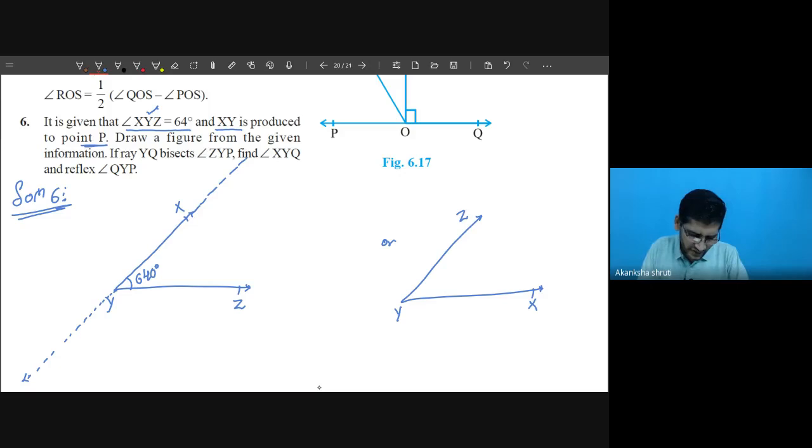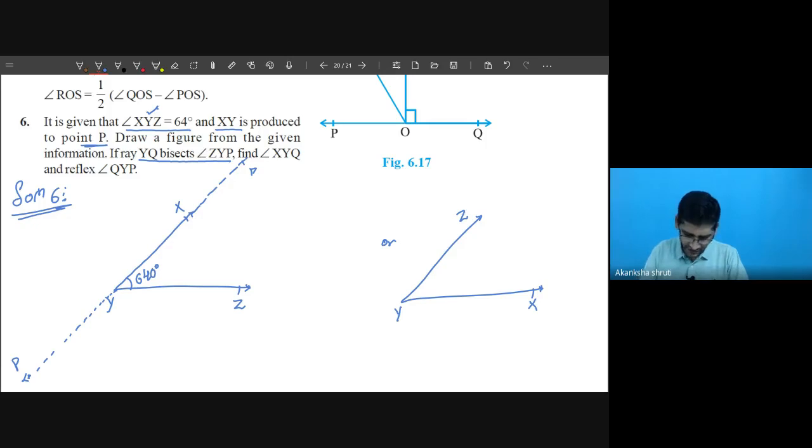Now, draw a figure from the given information. If ray YQ bisects this angle... Students, observe this carefully. P could be either here somewhere or here somewhere. We do not know, but we need to determine it. For that we have to use the given information.